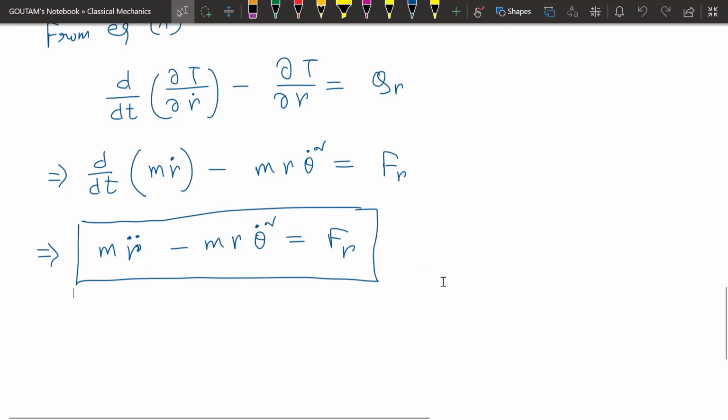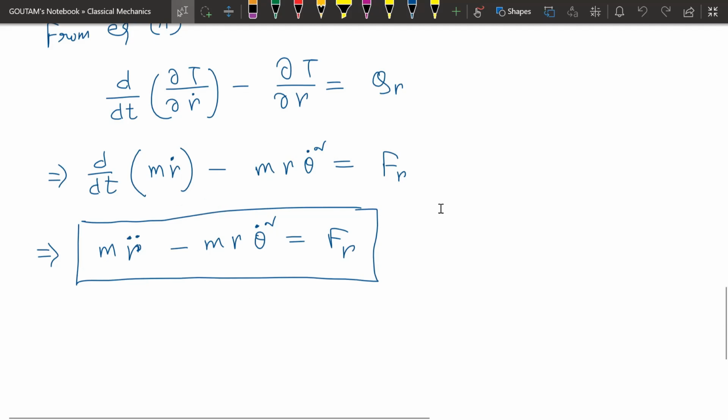As we change the coordinate from Cartesian to plane polar coordinates, we have another term in the equation of motion. This new term is called the centripetal acceleration term.